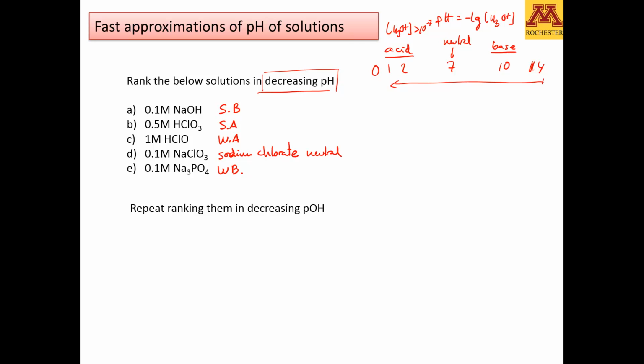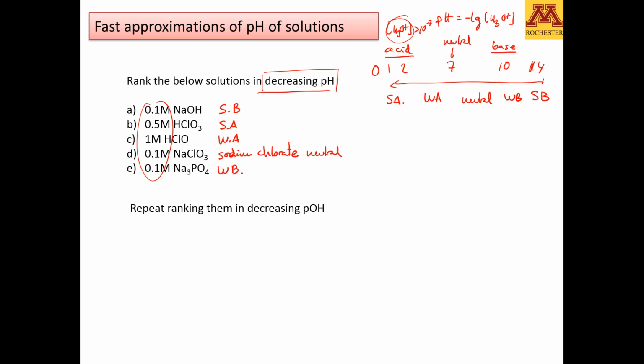So notice that the most basic will be the strong base, followed by the weak base, followed by the neutral compound, followed by the weak acid, and the one with the highest concentration of hydronium will be a strong acid. In this case, the concentration is pretty much similar, so you will not see any difference in the ranking because of the difference in concentration. Right?